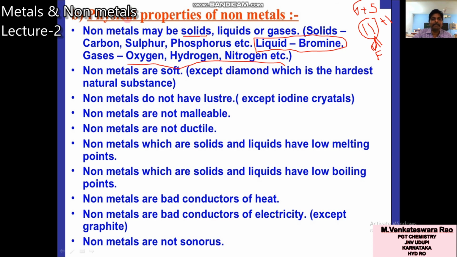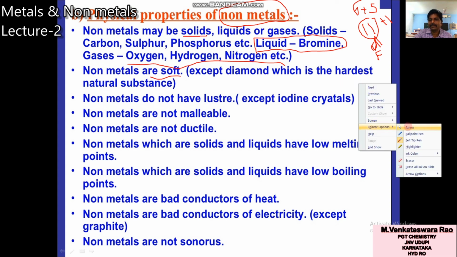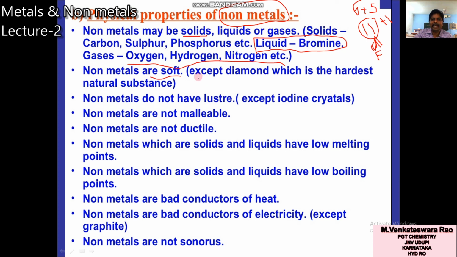So it is about physical properties of non-metals. We discussed only the physical state. Second one, non-metals are generally soft. But here an exception is there. What is that exception? Yes, diamond. Except diamond, the hardest natural substance.